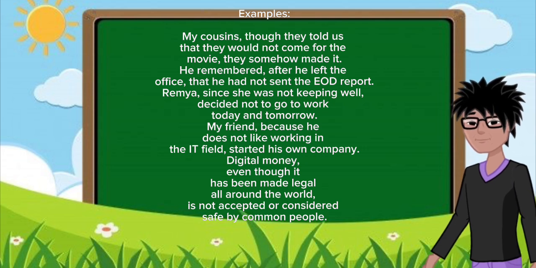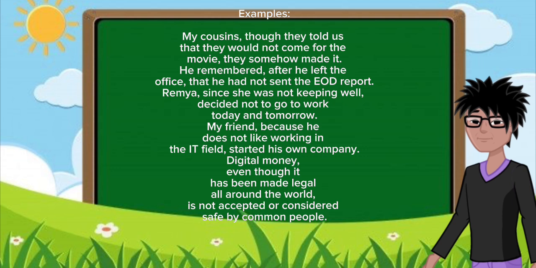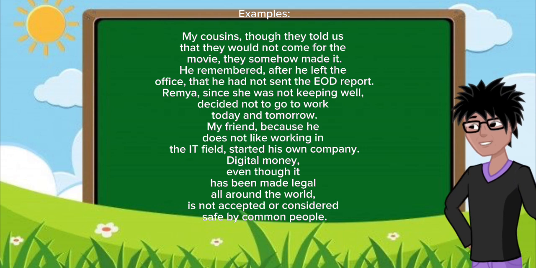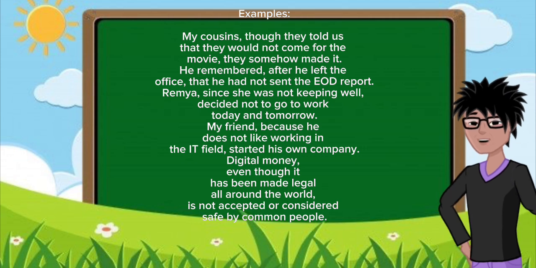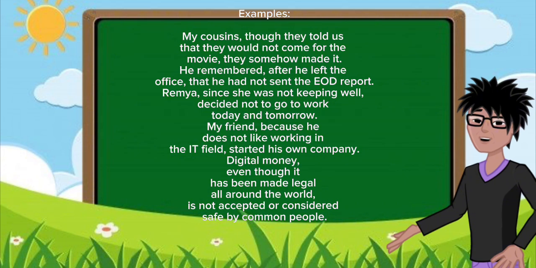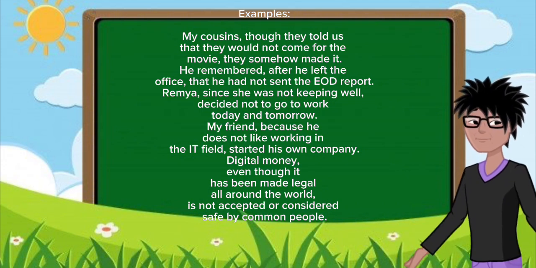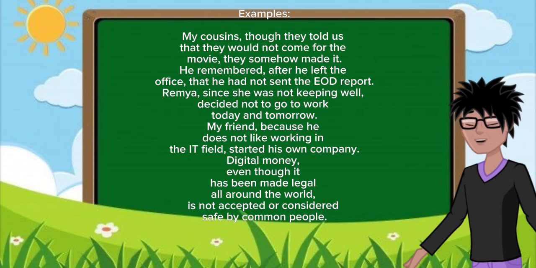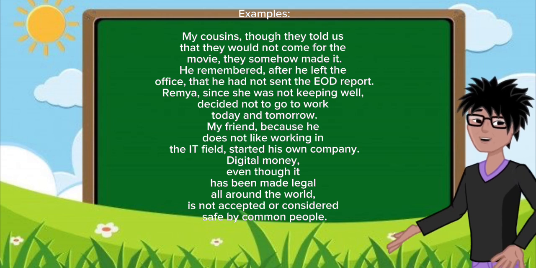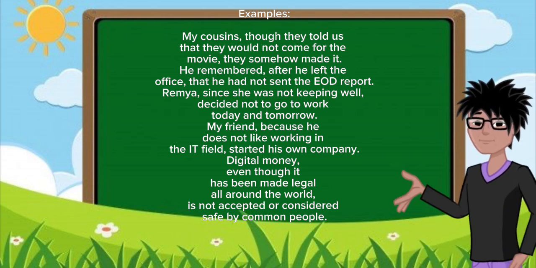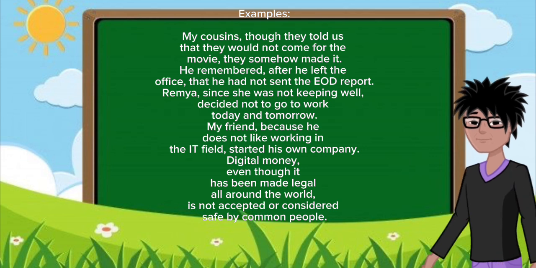He remembered, after he left the office, that he had not sent the EOD report. The answer is after he left the office. Number 3. Ramya, since she was not keeping well, decided not to go to work today and tomorrow. The answer is since she was not keeping well.